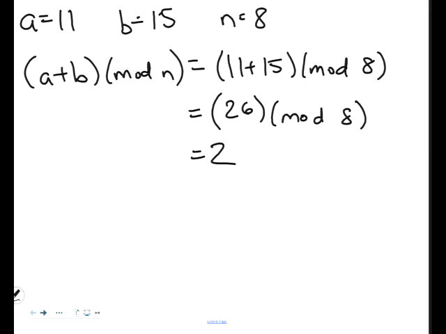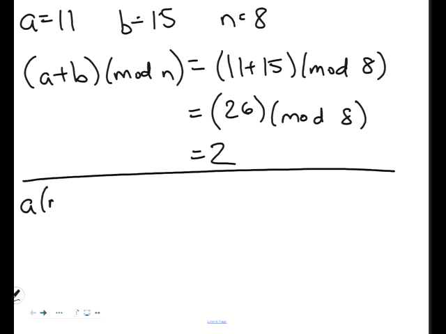Okay, so that really wasn't that painful. Let's now look, and what we saw was we could also write this sum modulo n as a mod n plus b mod n, that's sum mod n. Let's look at that and verify that we get the same thing. If we wanted a mod n, well, this is just going to be 11 mod 8. How many 8s are there in 11?